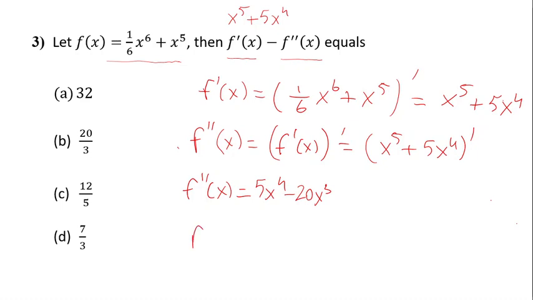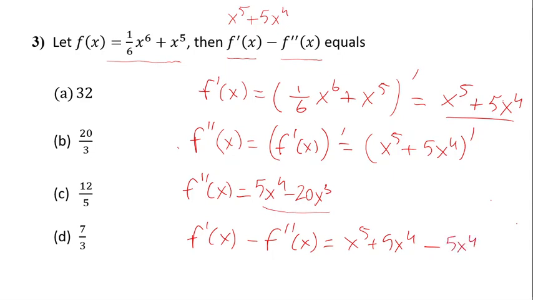Now what is f prime of x minus f double prime of x? It equals f prime of x, which is this x to the fifth plus 5x to the fourth, minus the second derivative, which is 5x to the fourth minus 20x cubed. When you calculate this, you will have 5x to the fourth minus 5x to the fourth, and then plus 20x cubed.